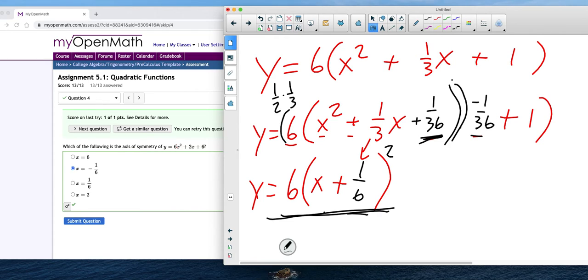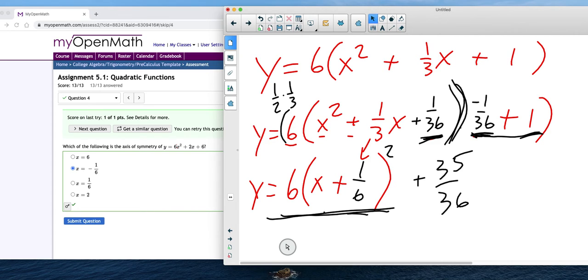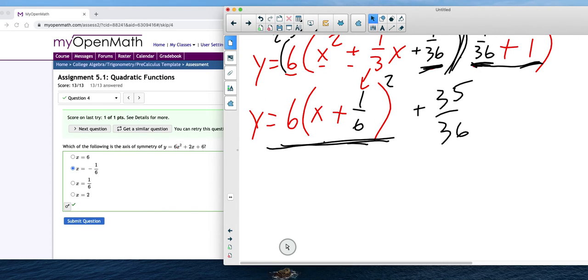All right, so now I just combine these two. Negative 1/36 and 1 is 35/36.